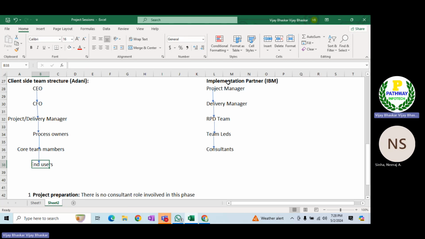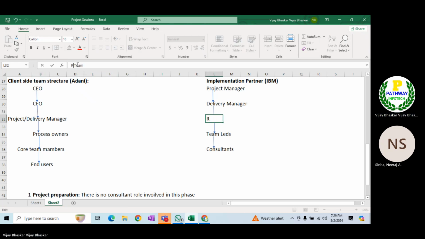Now the implementation partner side, this is our structure. Project manager will be there, delivery manager will be there. The RAT team is the rapid action team, not RPD.